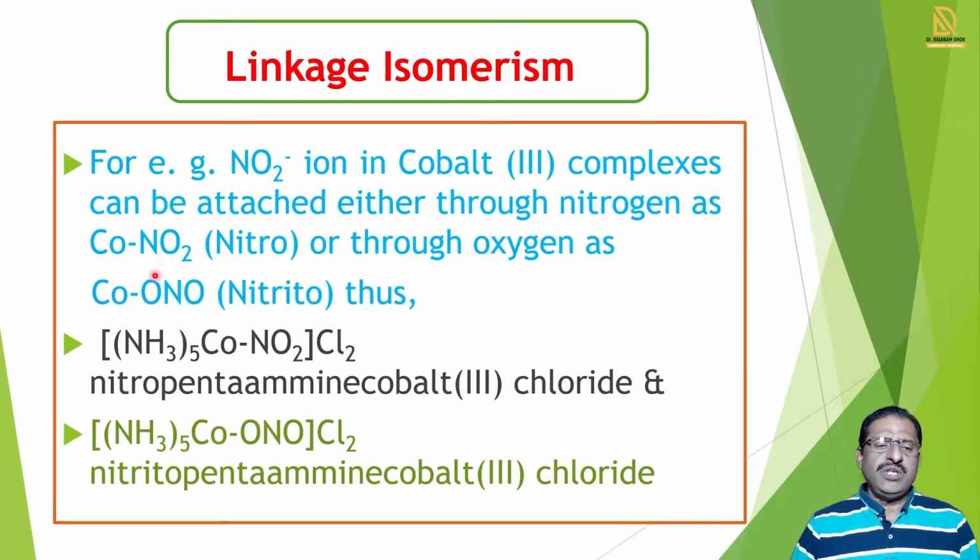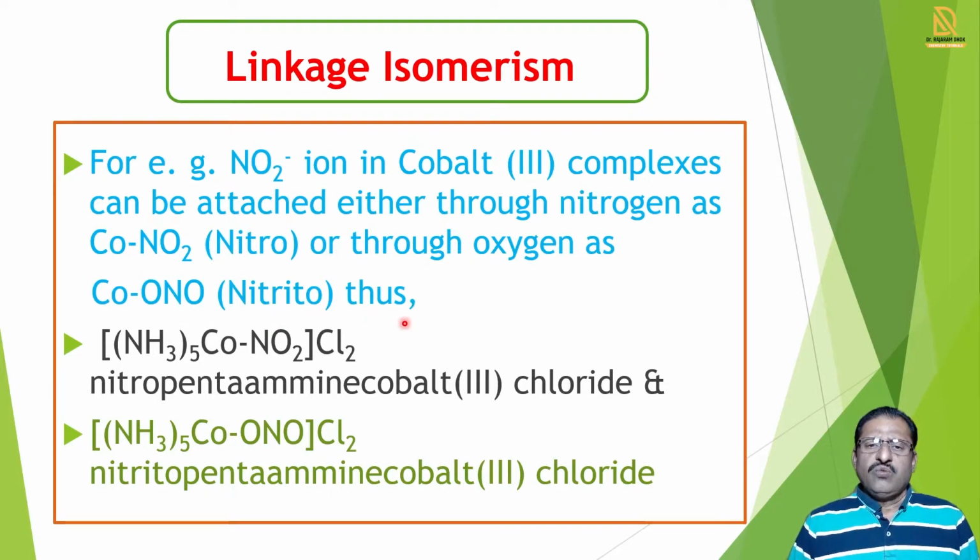O is attached with cobalt, and we write Co-ONO. At that time, the linkage of that particular ligand is different. Instead of nitrogen, oxygen is linked, and that ligand has the name nitrito. So remember, when nitrogen is the donor, it is called the nitro ligand, and when O donates from that NO2, it is called nitrito.